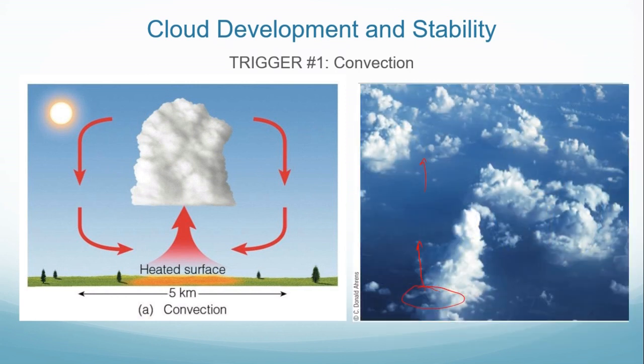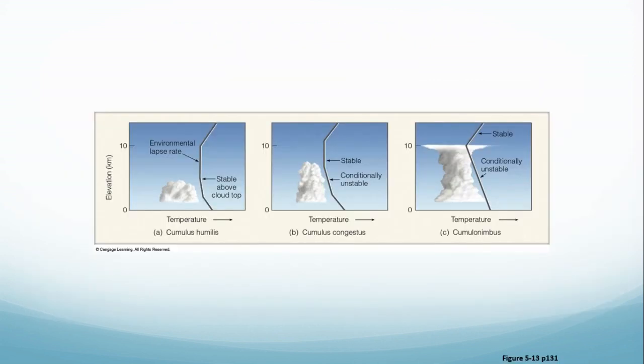And here's a great picture showing the effects of the convection cycle, clouds forming through convection. Now, the depth of the stable layer and the conditionally unstable atmosphere will determine how tall clouds will also grow. For instance, here at the surface, you have yourself a conditionally unstable atmosphere.